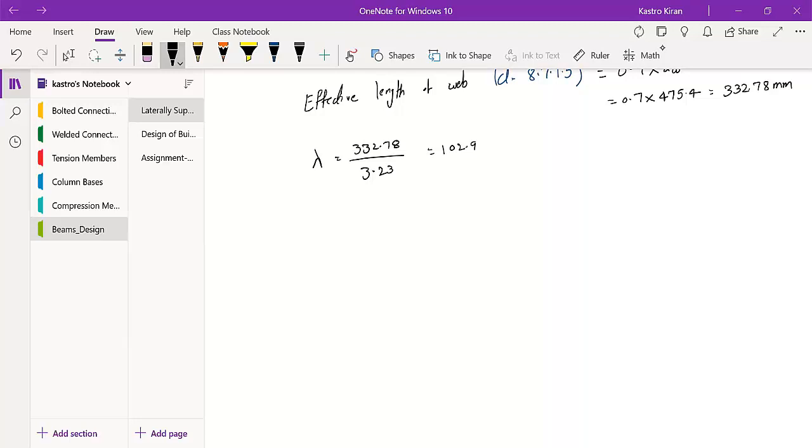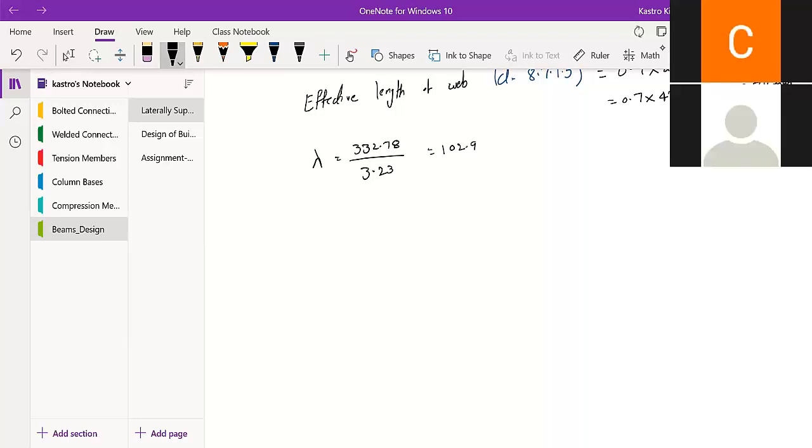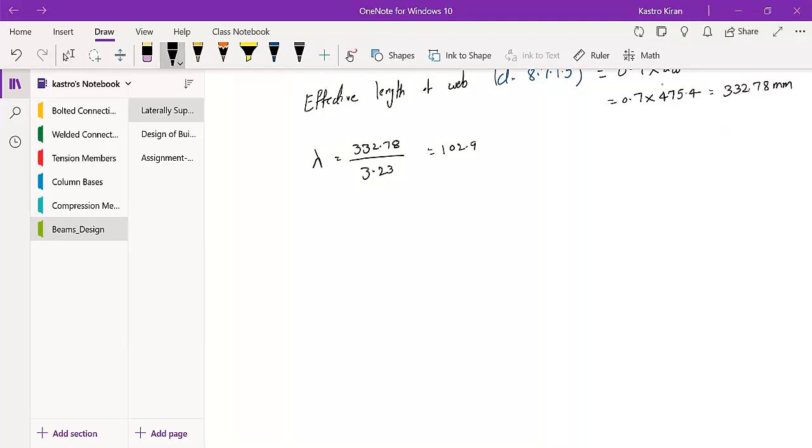Now here you need to identify which buckling class the section belongs to. Since that takes too much time, you have to check a table to find out whether it belongs to buckling class A, B, C or D. In order to avoid that entire confusion, you can directly take Table 9C of IS 800:2007 and calculate the value of FCD.